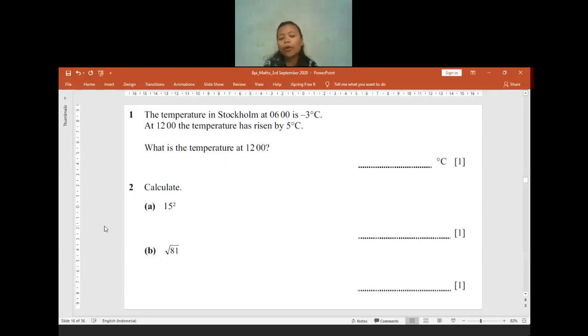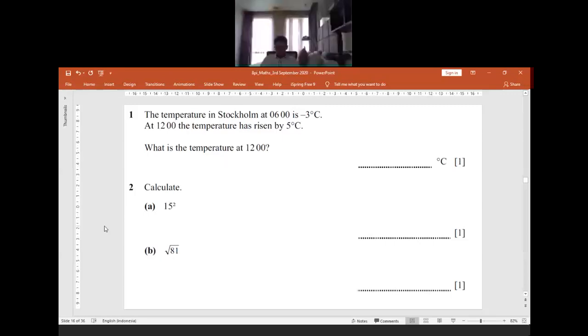Usually for the checkpoint, for maths there will be two papers, paper 1 and paper 2. Paper 1 you cannot use a calculator, paper 2 you can use a calculator. Each paper will have 50 marks and you will have 1 hour to finish it.